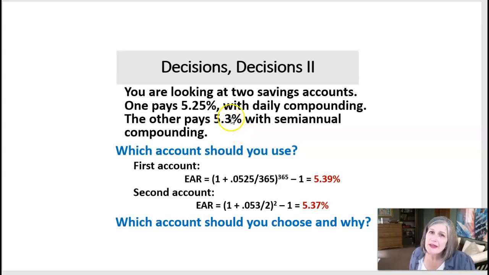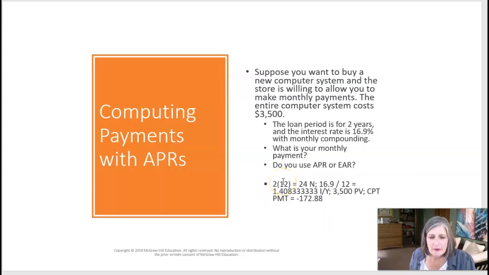But if we figure out the effective annual rate, in the first account at 5.25%, we're actually going to earn 5.39% at the end of the year. And in the second account, it'll be 5.37%. So we would go with the first account. The compounding matters. We saw this when we were looking at contributing to your IRA for 40 years. The compounding matters in this case.